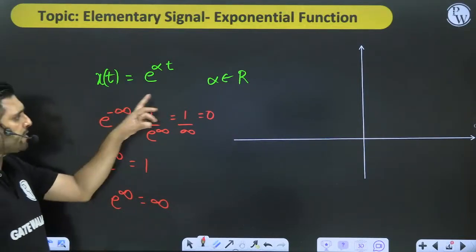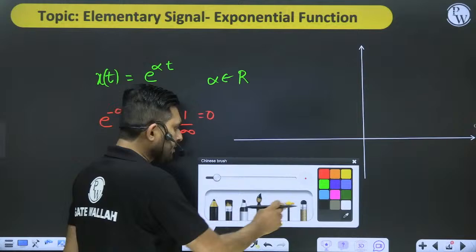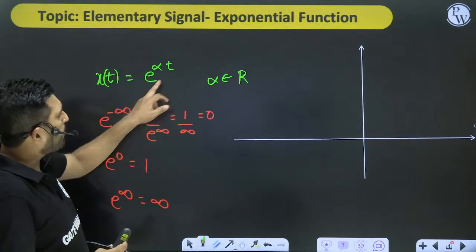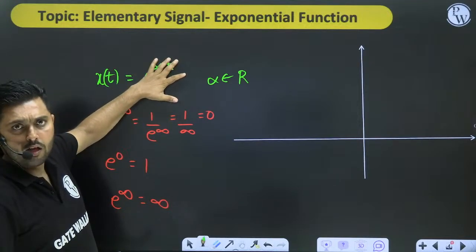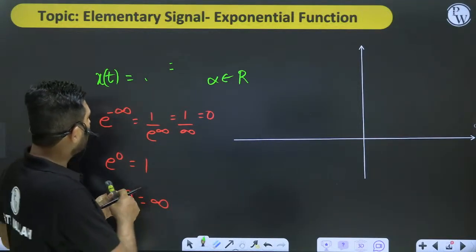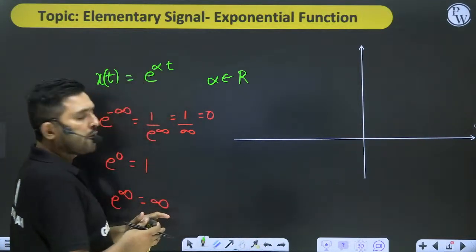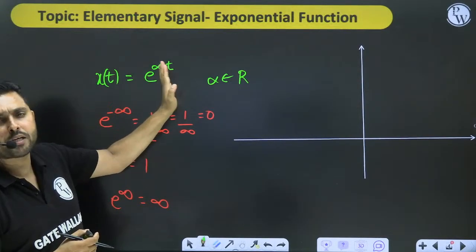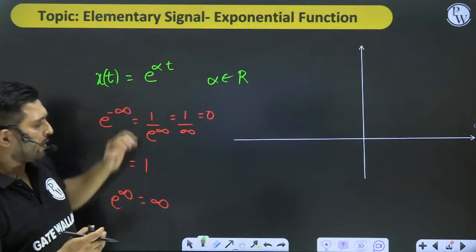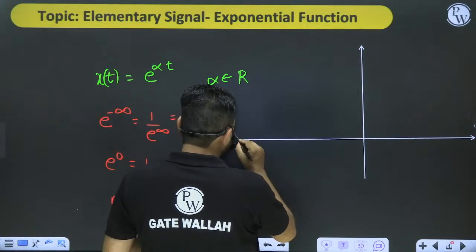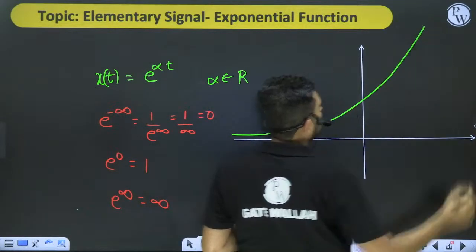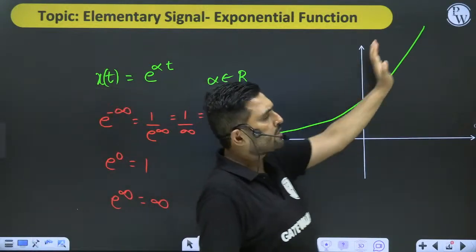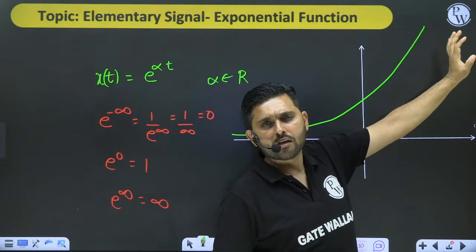Now since alpha is a real number, when you put minus infinity here, it becomes 0, and when you put 0 here, it comes to 1, and when you put t equal to infinity, it becomes infinity. So don't you think I will get this as the function when I plot against t?